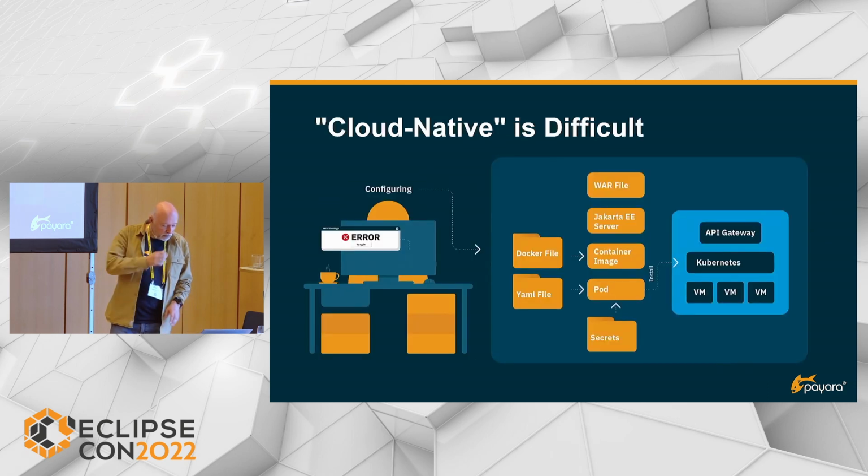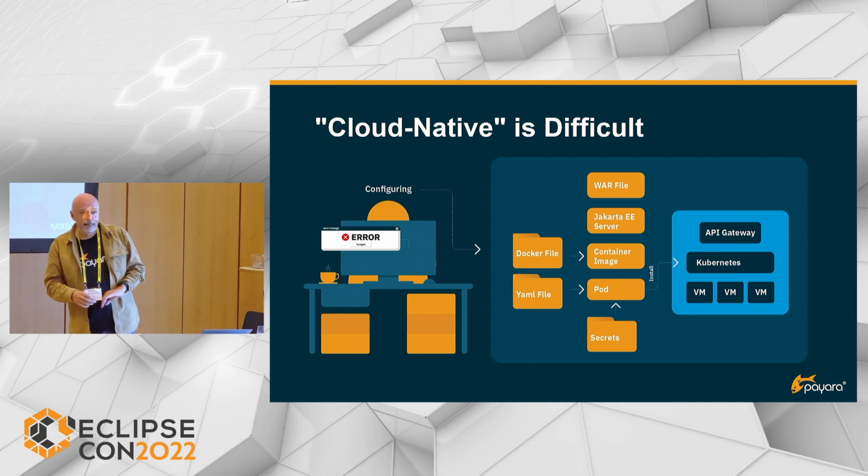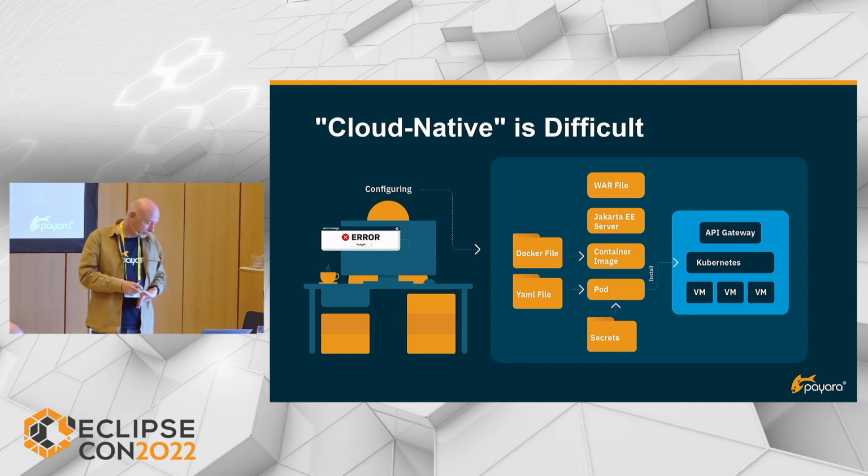And why this is important is because cloud native, from a developer perspective, is incredibly difficult, in the sense that if you're a Java developer, there's a lot of other stuff you need to worry about. To take a WAR file and get it deployed on Kubernetes, there are these things that you need to do, and someone's got to do them, either yourself or someone else.